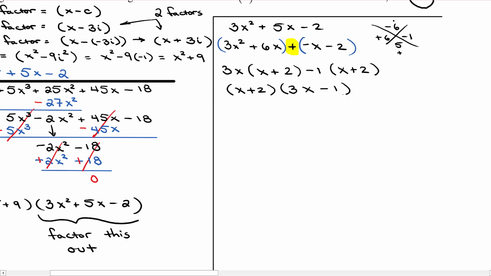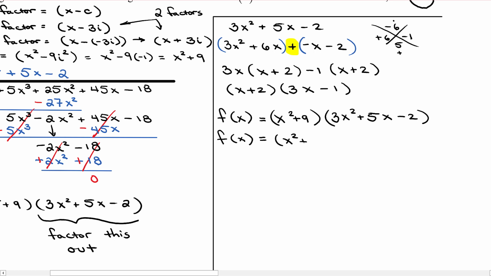Good. Now I can set each one of these factors equal to 0 because I now know the factors of f of x. Oh, let me first write down the original trinomial I had there. And then let me write down the x squared plus 9 times the x plus 2 times the 3x minus 1 because we factored it out.